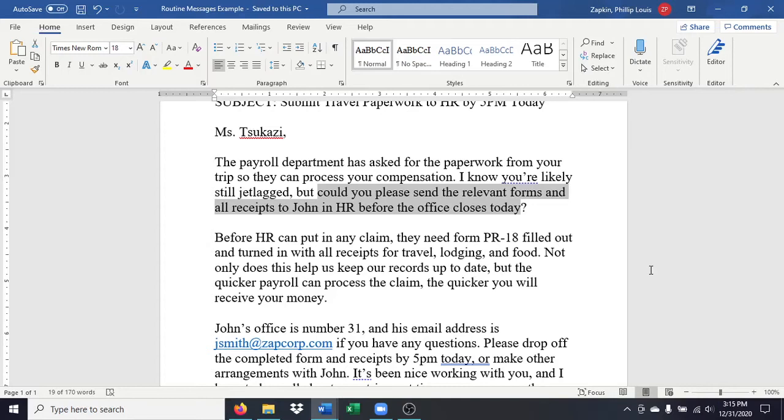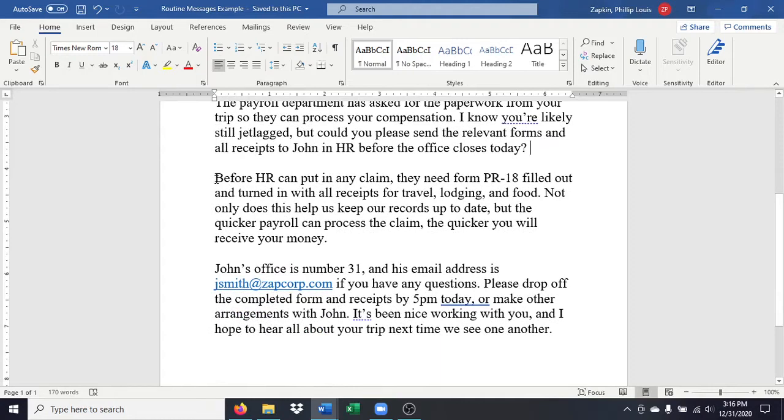So that's the detail. That's what we're actually asking her to turn in. It's going to John in HR, so that's telling her where these forms need to be sent, and before the office closes today. So that gives a time frame. So again, we've got specific, direct details. So that's what the opening does.